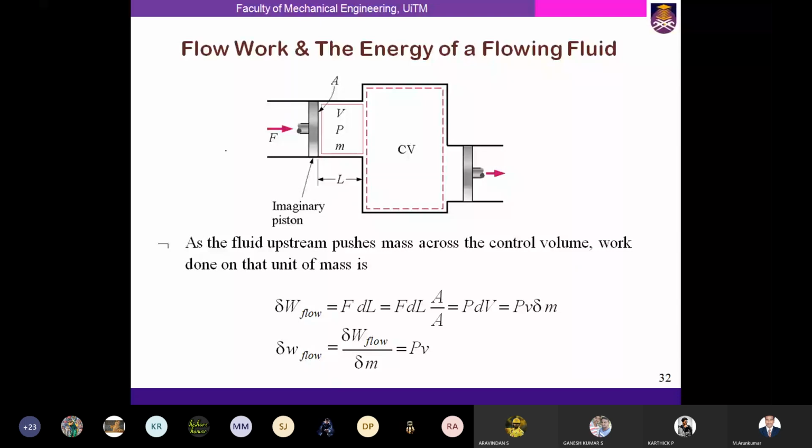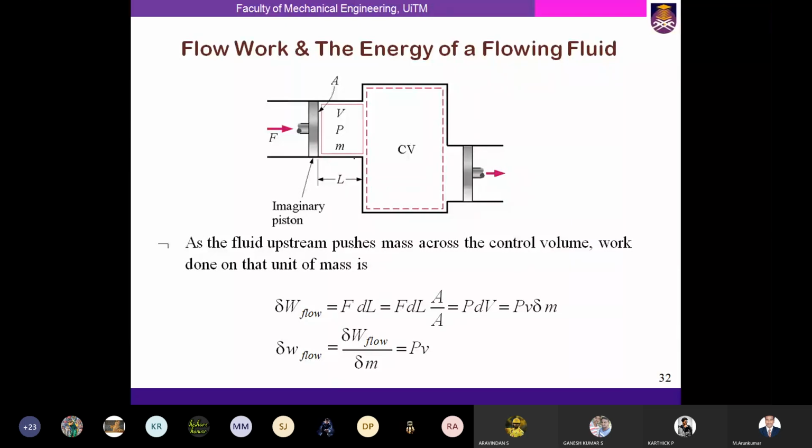If you push the piston by some force, the work done on the unit of mass can be expressed as W flow equal to force into change in length. So we can change this length by applying force, so W is equal to force into displacement.